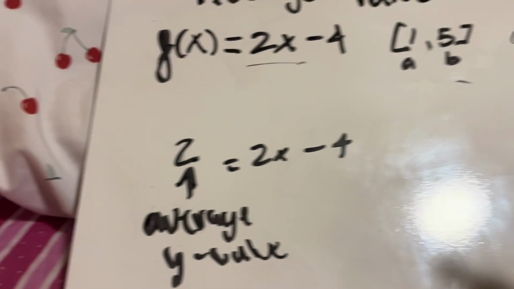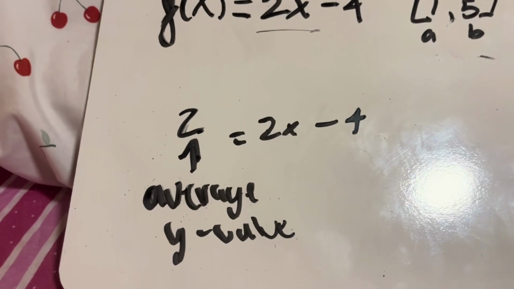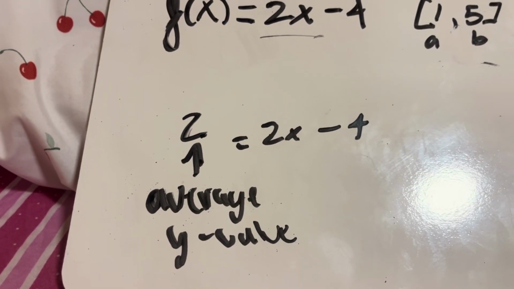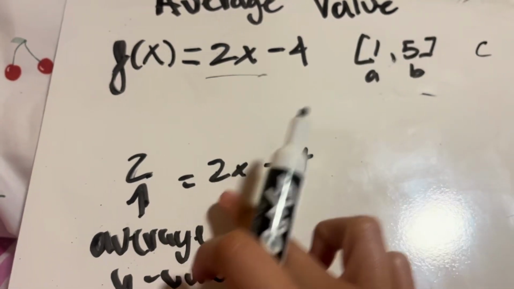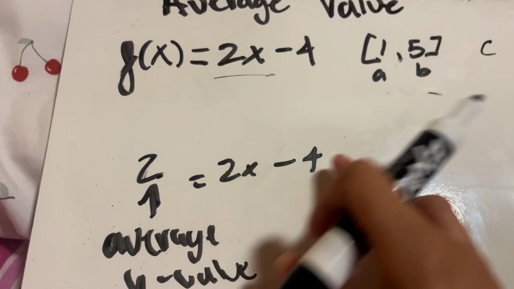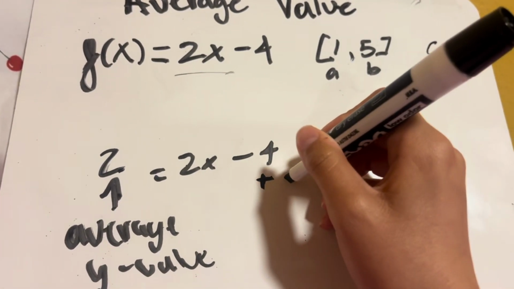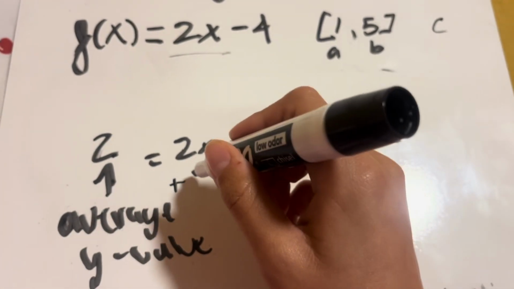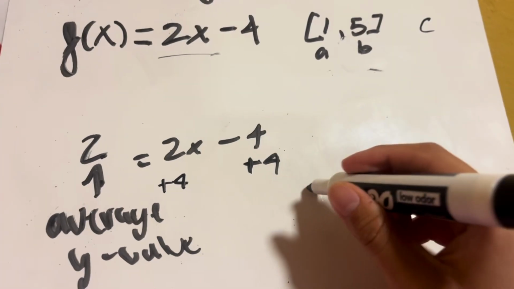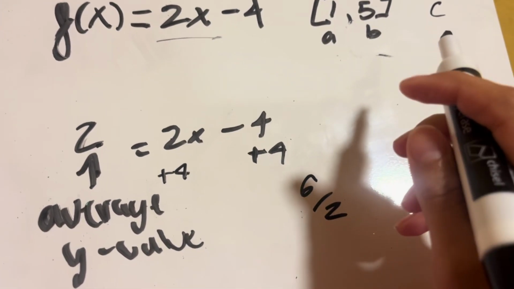So to find our C value, we're gonna use the average y value, which is 2, and so we're replacing that. So we have 2 equals 2x minus 4, and then this is where we just solve for x, and then this gives us 6 over 2.